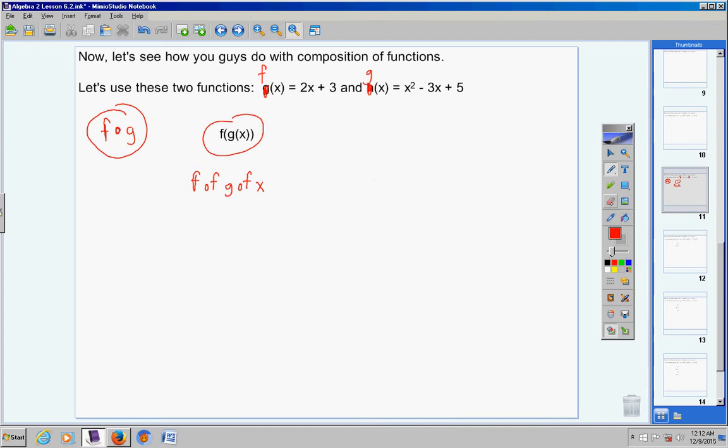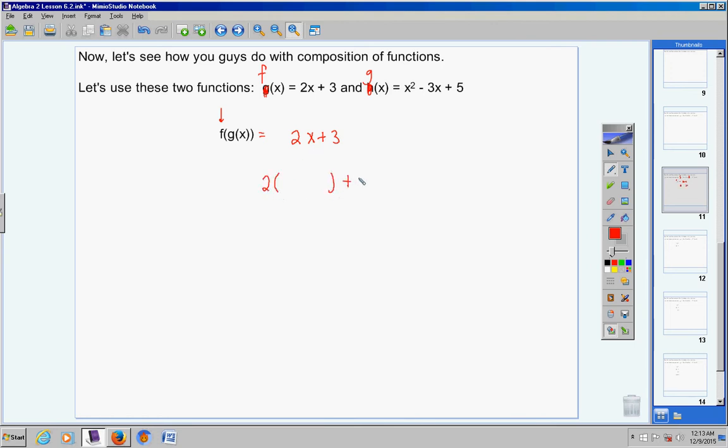Now, what does it mean? We'll take some really good notes. I'm going to walk you through this step by step, but you've got to listen to me and take good notes, okay? Alright, what is the first letter you see here? F. So you write your f function. However, when you write it like this, everywhere there's an x, you're going to put a big parentheses.